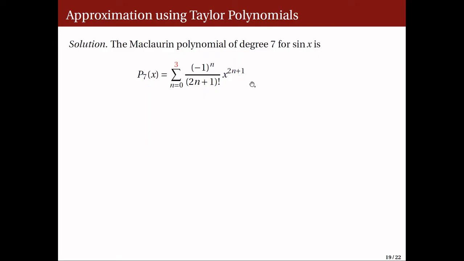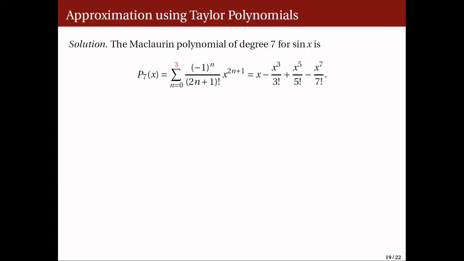Expanding this, we get x when n equals 0, negative x cubed over 3 factorial when n equals 1, x to the 5th over 5 factorial when n equals 2, and negative x to the 7th over 7 factorial when n equals 3. Notice that we only have 4 terms for the Maclaurin polynomial of degree 7 for sine x.